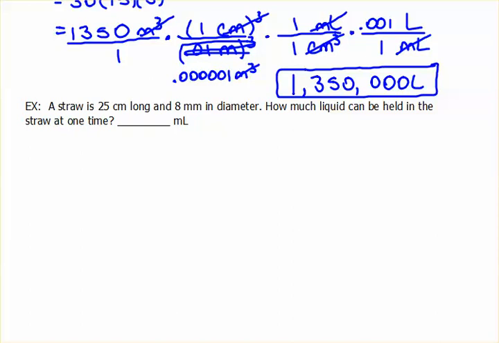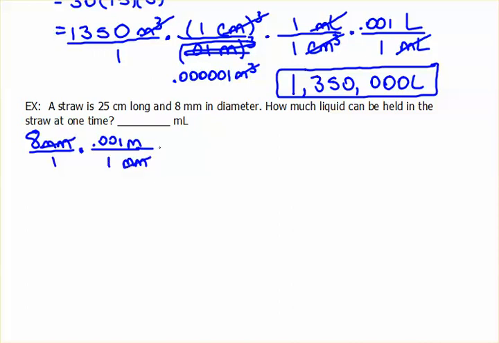Well, we have a problem here to begin with because we're talking about centimeters and millimeters. Let's have everything in terms of centimeters because I can convert centimeters to milliliters. So let's go ahead and take that 8 millimeters before we do anything else, and let's convert that over to centimeters. So again, I'm going to be doing this the dimensional analysis method. I'm going to put millimeters on bottom, meters on top, and there is 0.001 meter in a millimeter.